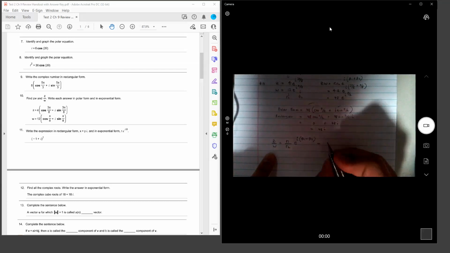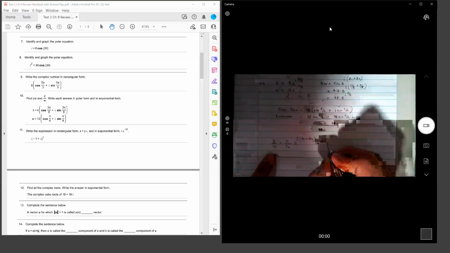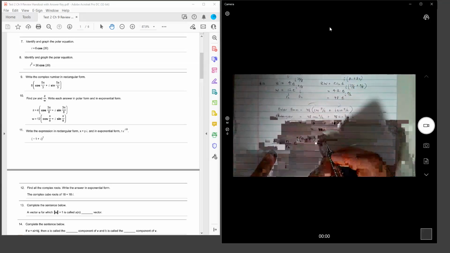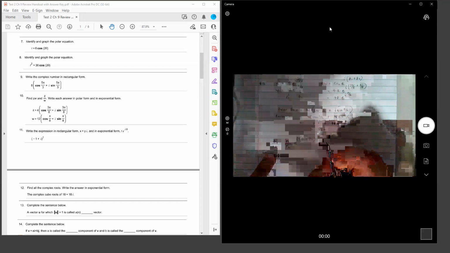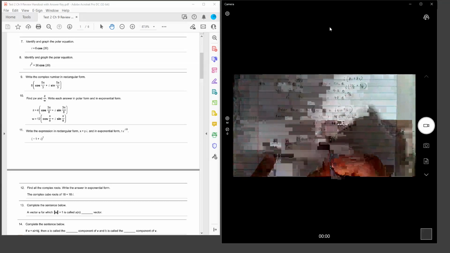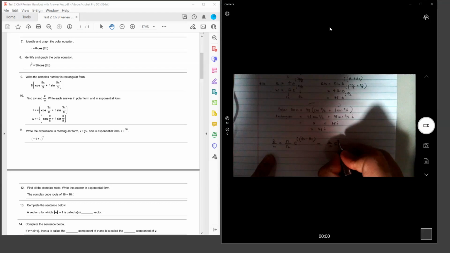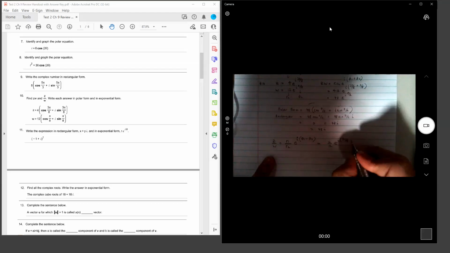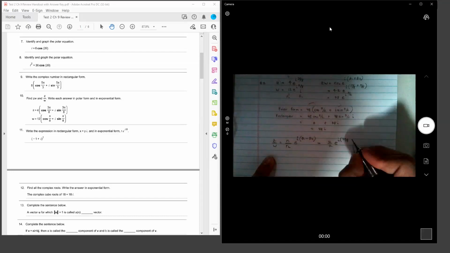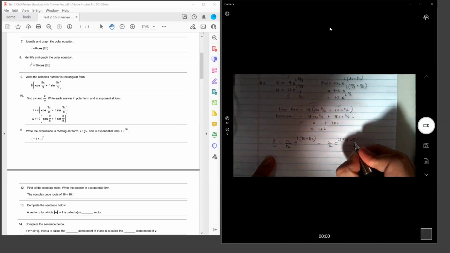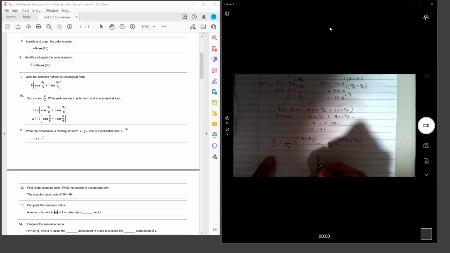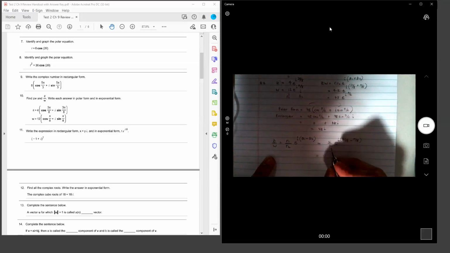And so what do we have? Let's see if I'm doing this correctly. Yeah, z divided by w. So 4 divided by 12 times e raised to the power of i, 3 pi over, excuse me, minus pi over 8.